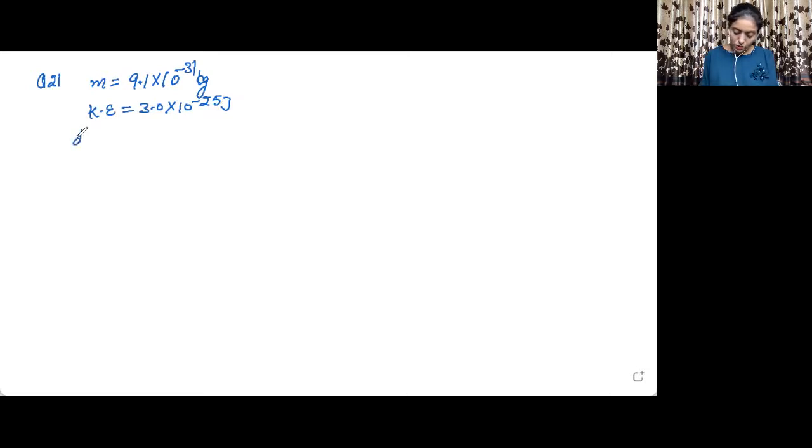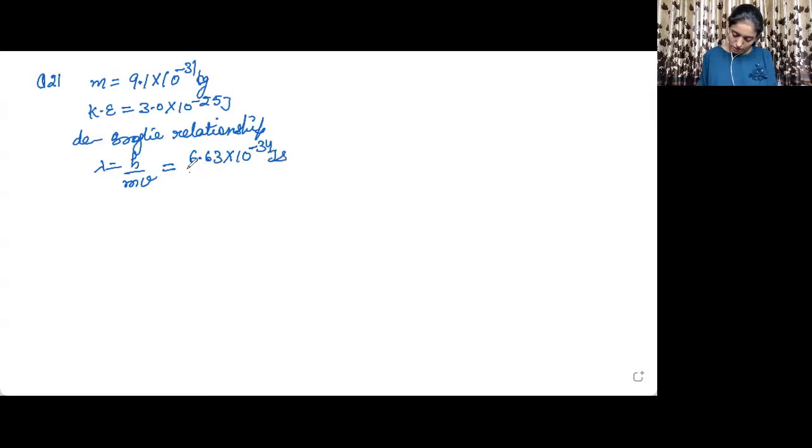Now for that we will be using the de Broglie relationship. Lambda is equal to h upon mv. So this will be equal to 6.63 × 10^-34 joule second upon the mass, which has been given, 9.1 × 10^-31, into v, which we need to put here.